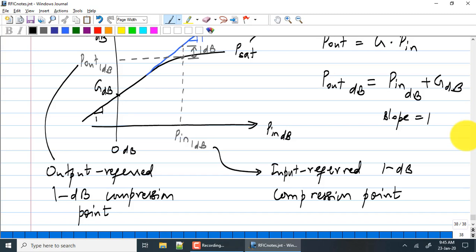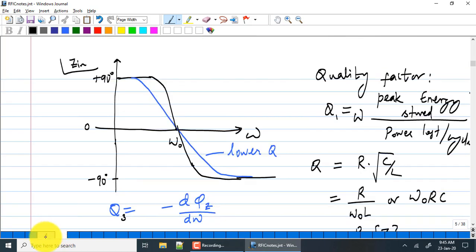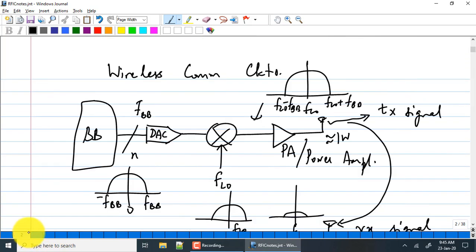In the case of a power amplifier, P1 dB out is very important, because at the output of the power amplifier you are swinging by a certain amount. You want to deliver a certain amount of power. Everybody remembers what a power amplifier is, right? I think on the first class, I hope I drew it. Yeah, this is the power amplifier. You are trying to deliver a certain amount of power to the antenna.